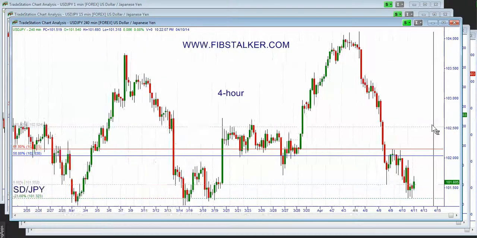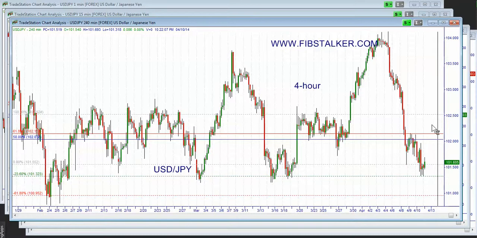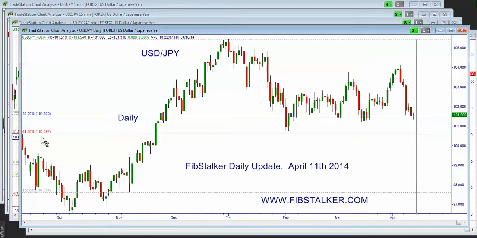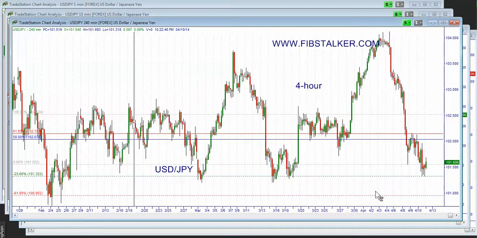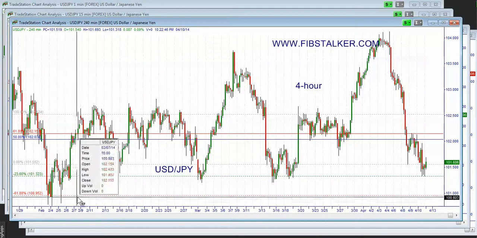Now, there are two plans of action for this pair at the moment. There's the possibility for a continuation lower right into that 195 level, and 195 will still be above this level of failure of the long support here on the daily time frame. And this would be a second target here.